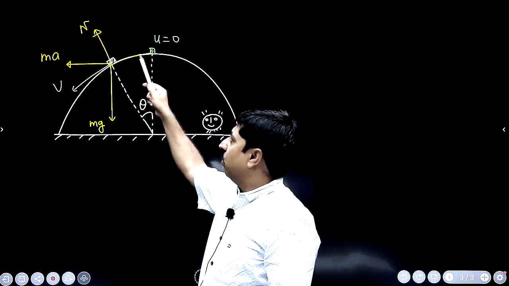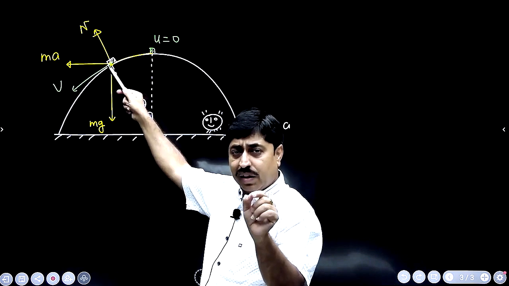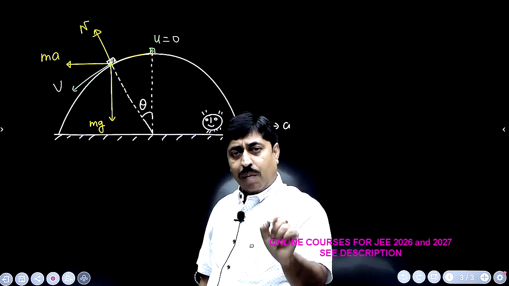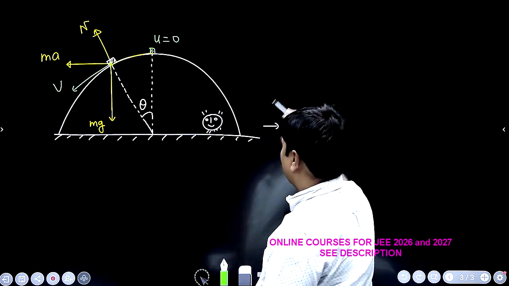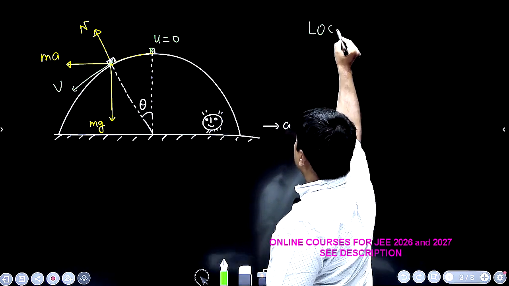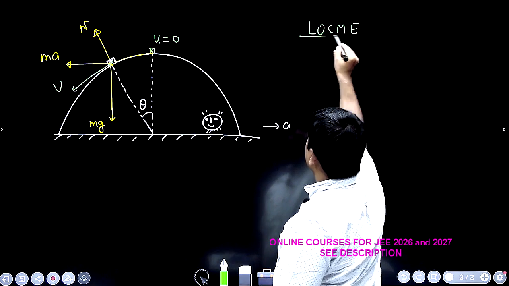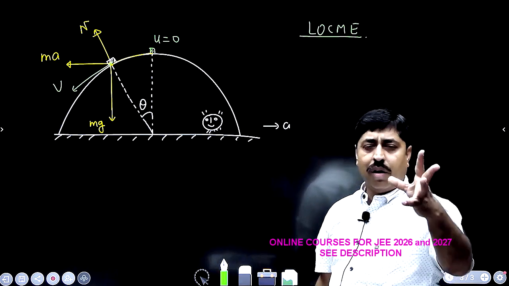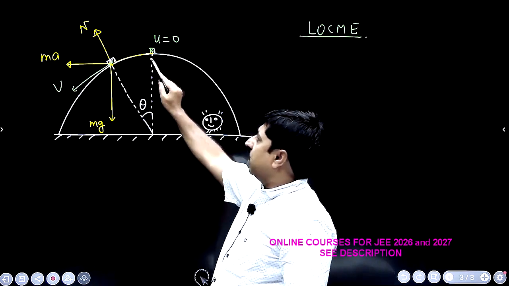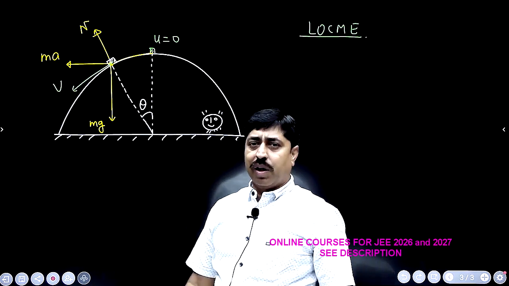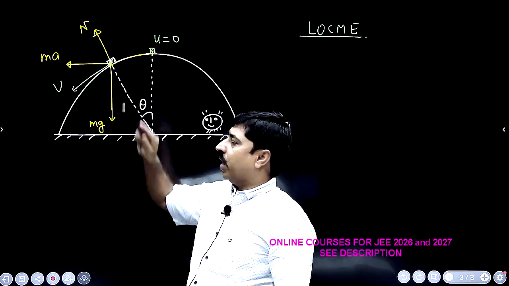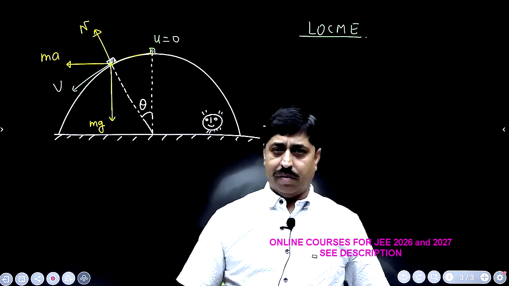Here speed is 0. We can write speed at this point by applying law of conservation of mechanical energy. How do I use this law? The total mechanical energy at this point is equal to total mechanical energy at this point, right?